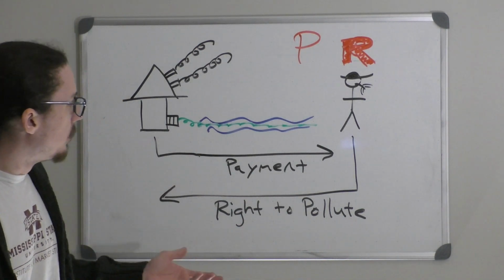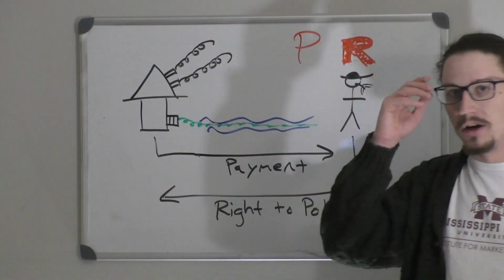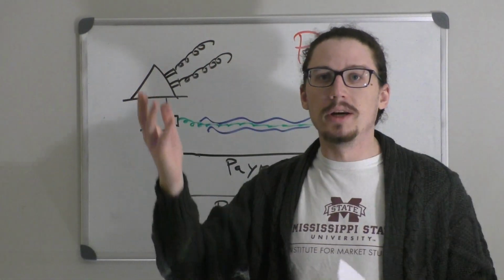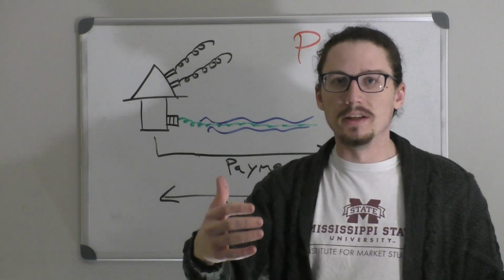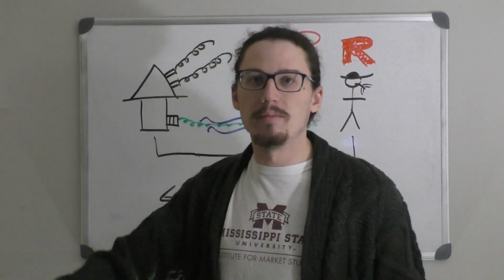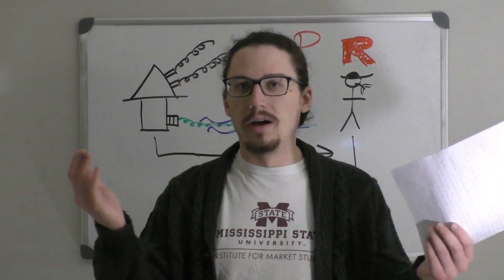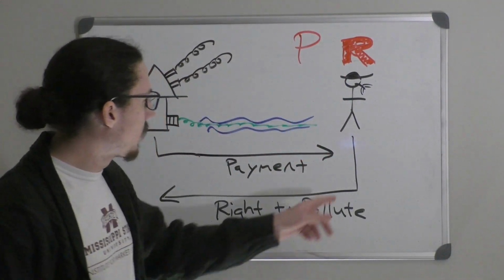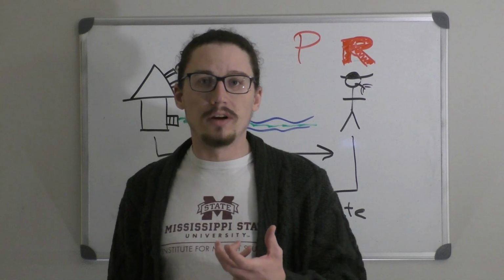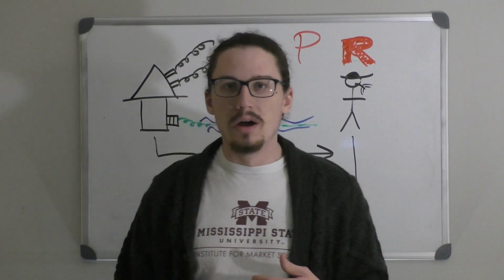All right, so the way this might happen is that the factory says, hey, it costs us, and they might not tell the farmer this, but it costs us this much money to safely keep that stuff in, to store it and dispose of it in a safe manner. That first unit of pollution costs us $1,000. And the farmer might think to themselves, that first unit of pollution only does $100 worth of damage to my property.